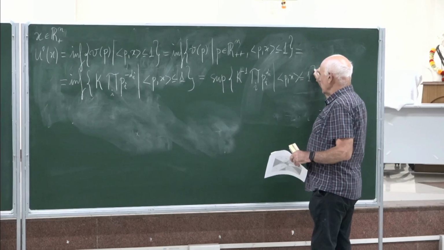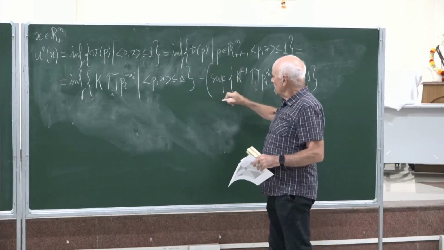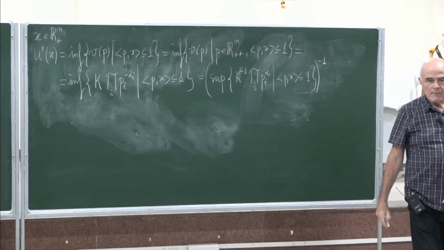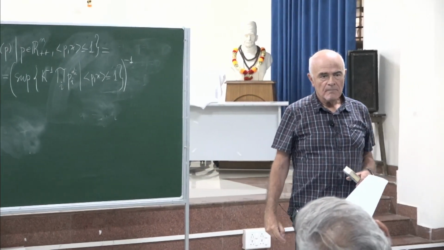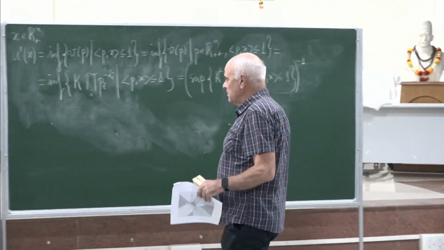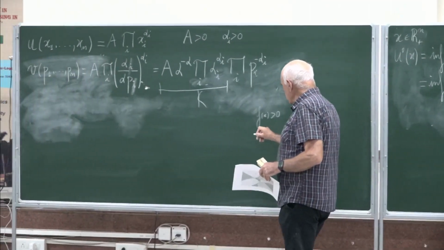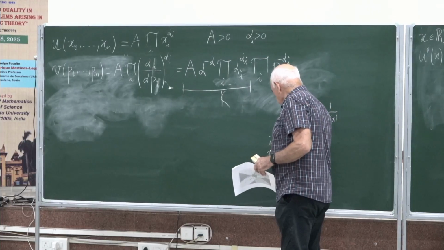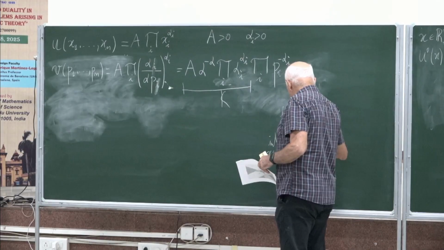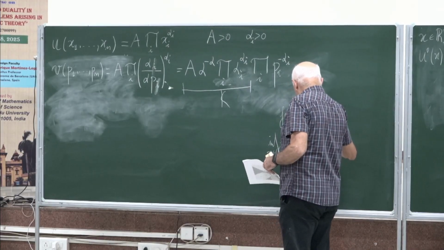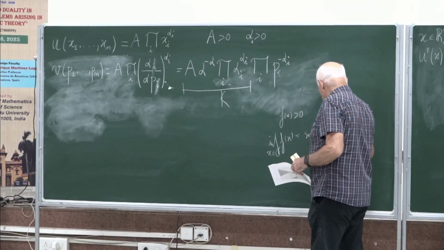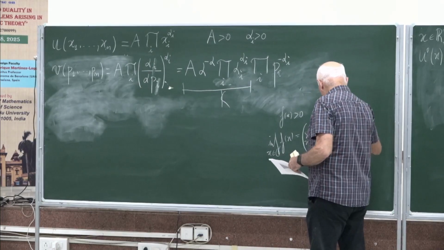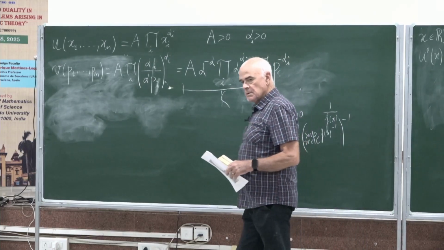And after I obtain this supremum, I have to take the reciprocal again. So I'm using the fact that under this condition, the infimum of f of x over some set C is the supremum of f of x to the minus 1 over the same set, and then to the minus 1. This is what I am using.